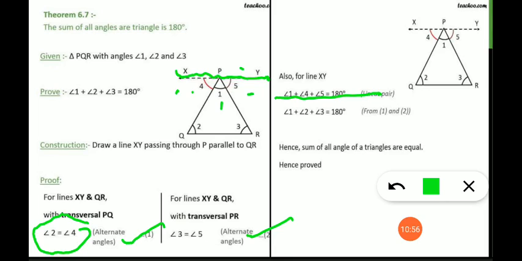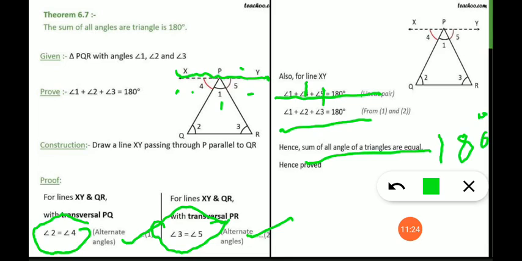So in place of angle 4 we can write angle 2. And we have learned angle 3 is equal to angle 5. So in place of angle 5 we can write angle 3. And thus we get angle 1 plus angle 2 plus angle 3 is equal to 180 degrees. Which means the sum of all the angles of a triangle is equal to 180 degrees. And hence proved.